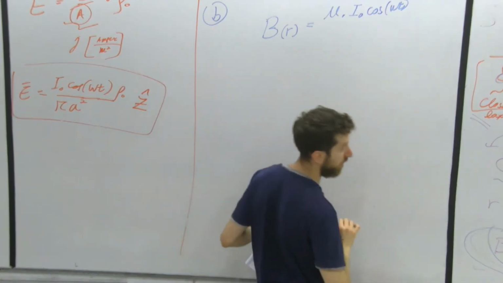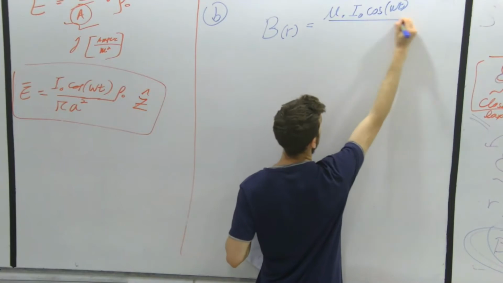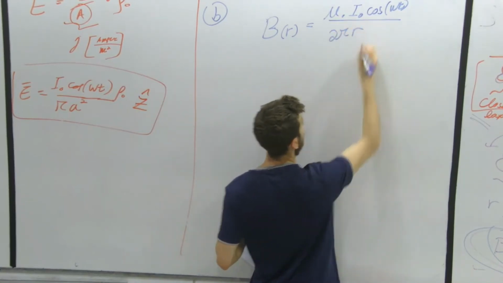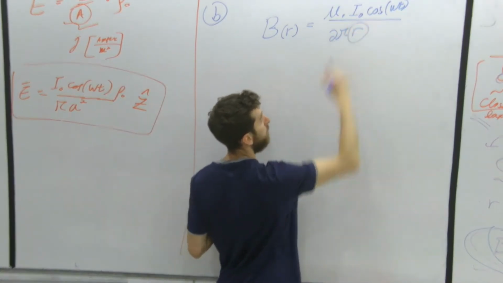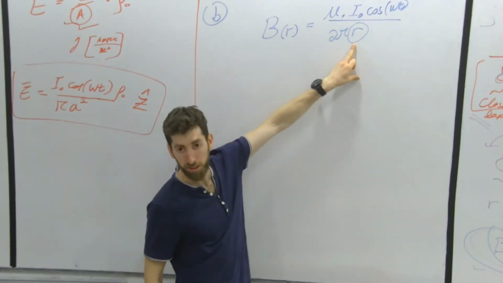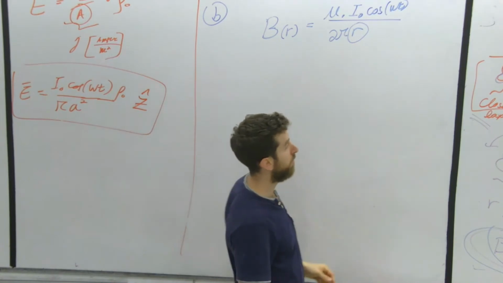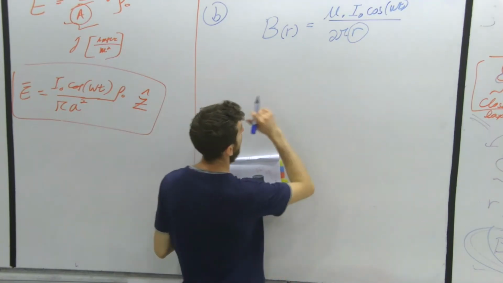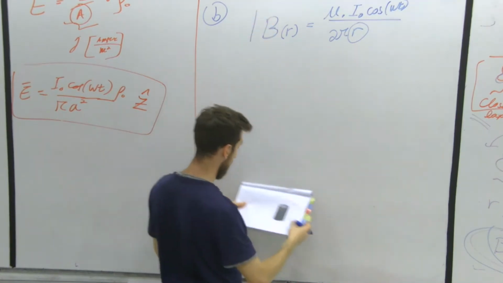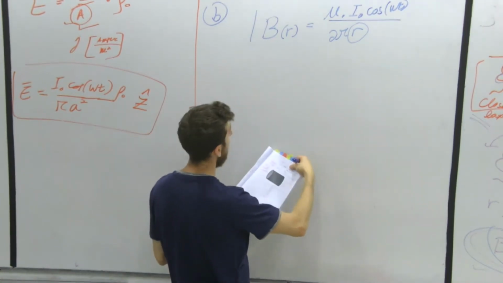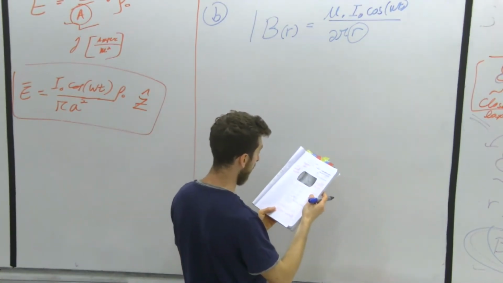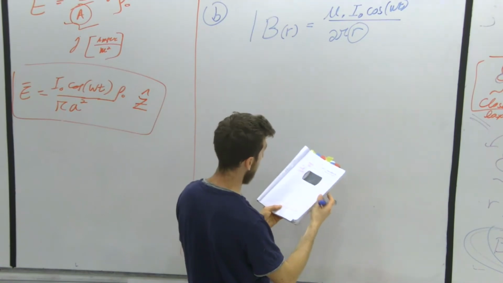So you have this cosine term, and this is divided by 2 pi r, which means how far I am from the wire. It's a constant, right? Perfect. And this is the magnetic field. Yes. And in which direction is the magnetic field?